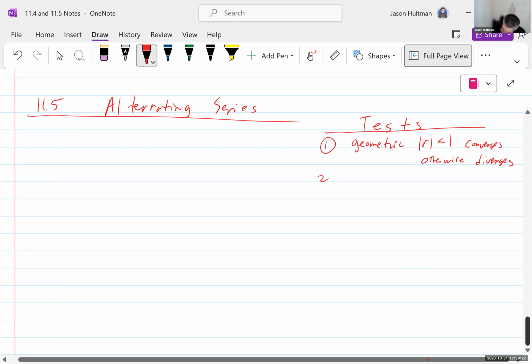Number 2. What was the second one that we learned about? Did geometric. Second one, I want to say it was the divergence test, but there might have been another one before that. Let me think.